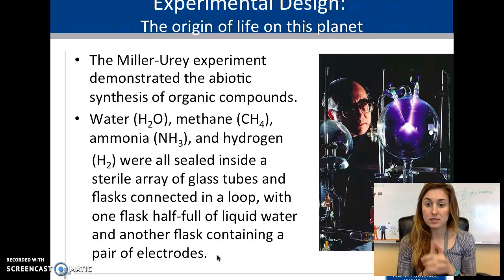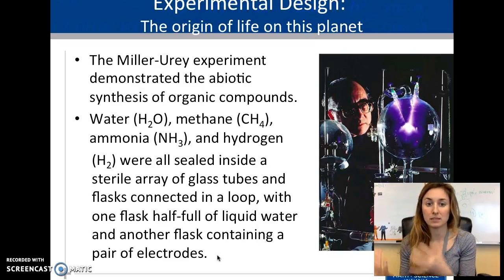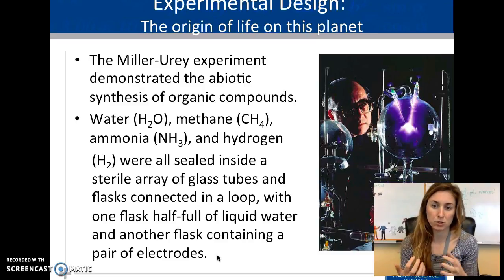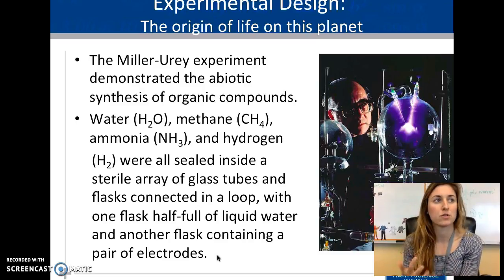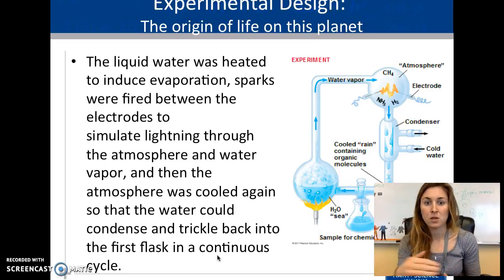Thinking back, this is review. The Miller-Urey experiment basically shows that we can go from not having living stuff to having living stuff. Think back to the beginning of the planet. He put water, methane, ammonia, and hydrogen in this glass tube, which we predicted were the compounds that existed before life, and linked up some electrodes to that.